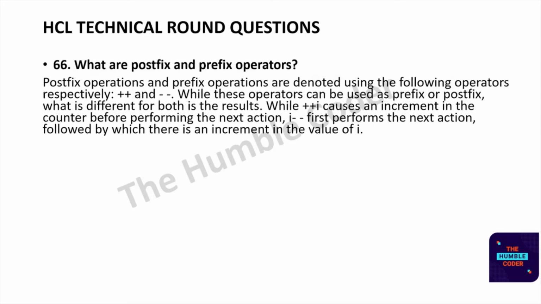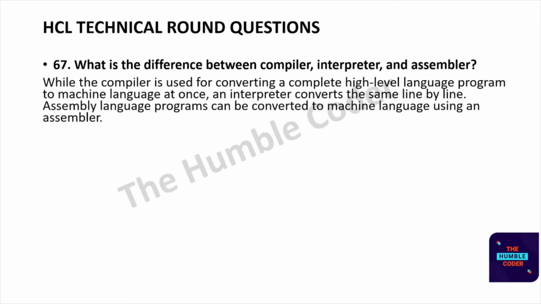Postfix and prefix operators are denoted using the following operators respectively, plus plus and minus minus. While these operators can be used as prefix and postfix, what is different for both is the results. While plus plus i causes an increment in the counter before performing the next action, i plus plus first performs the next action, followed by which there is an increment in the value of i.